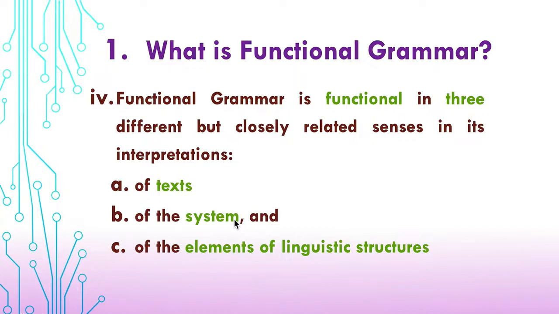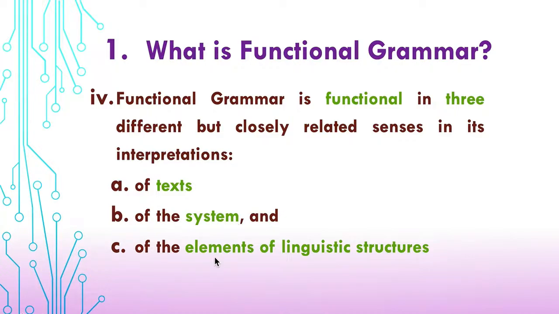When we say system, it is the language. When you look at the text, spoken or written, what comes to your mind? You immediately think how this text has been written, how this text has been composed. When we think of how this has been composed, it means that we are talking about the system.